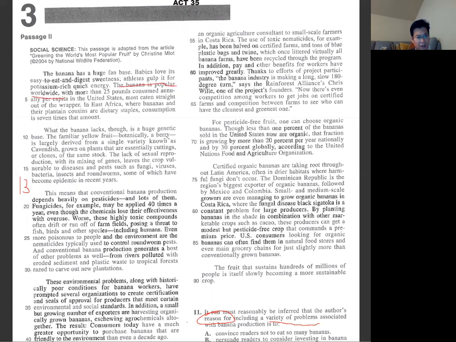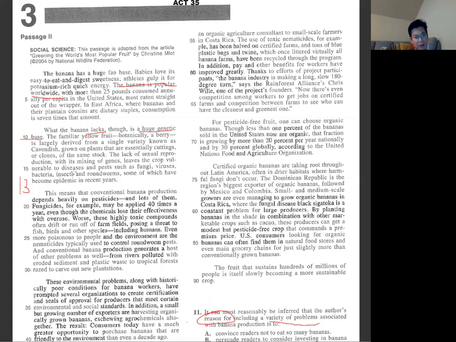And the second paragraph, what the banana lacks, though, is a huge genetic base. So huge genetic base. Lacks. That's all you need to know. The yellow fruit, botanically a berry, is largely derived from the single variety known as Cavendish, grown on plants that are essentially cuttings, blah, blah, blah.